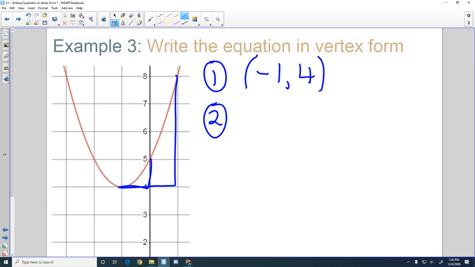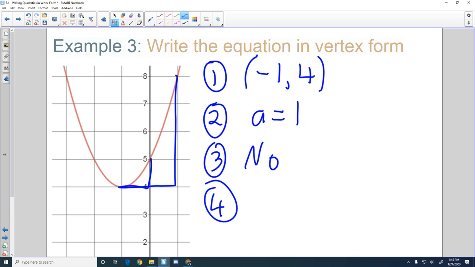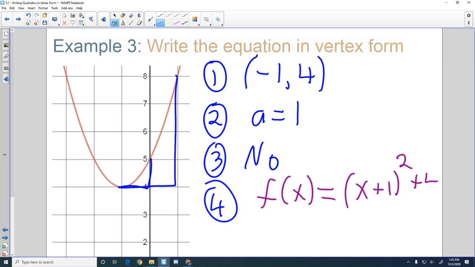Right 2, up 4. Follows that standard pattern. So A is 1. We don't need to worry about it. Step 3: is this flipped? Nope. Don't need to worry about it. Step 4: F of x equals, we go to the parentheses right away, (x plus 1) squared plus 4. Oh my gosh.